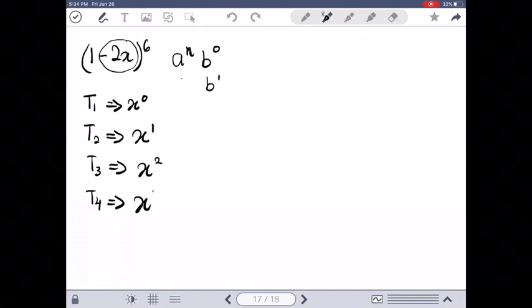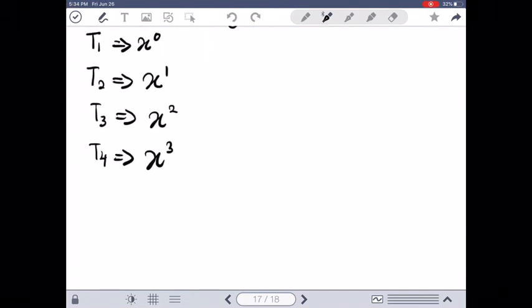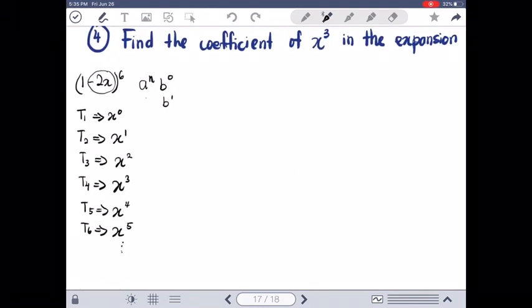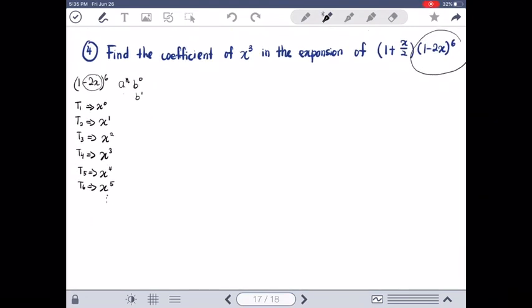The fourth term, we'll get x to the power of 3. The fifth term, we will get x to the power of 4. The sixth term, we will get x to the power of 5, and so on. So what I'm doing right now is I'm just looking at the pattern of the power of x. I didn't do the expansion yet.